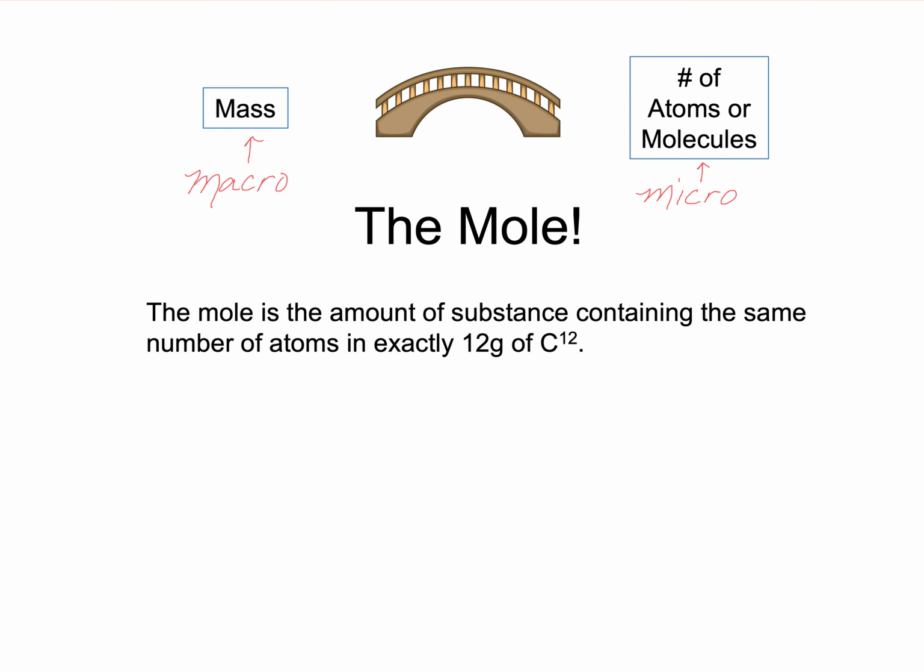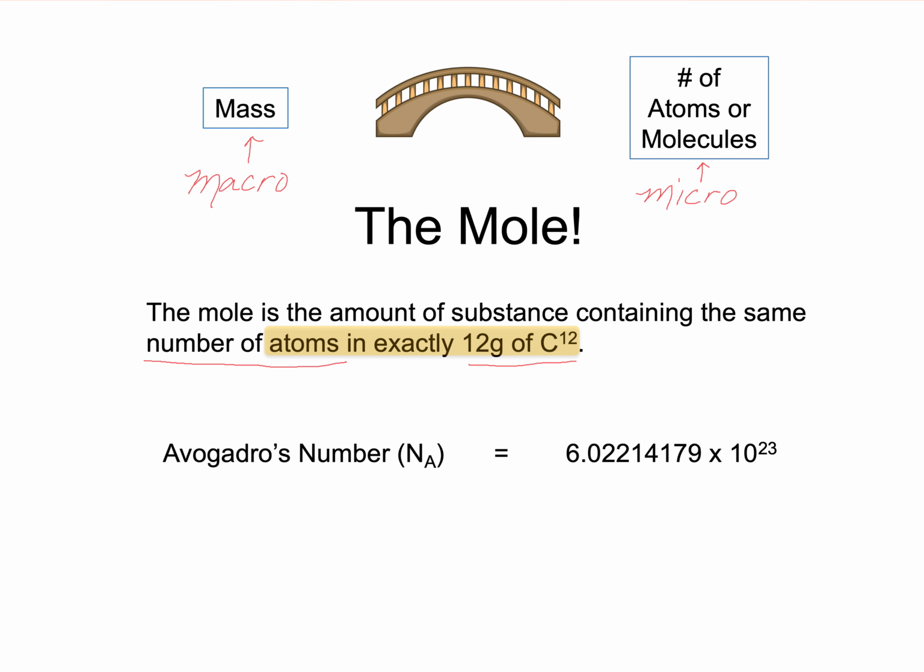It's defined as the amount of a substance containing the same number of atoms that's in exactly 12 grams of the isotope carbon-12. If I were to literally have 12 grams of carbon-12 and could count every single tiny atom in there by hand, that number would be counting all the way up to this really long number in scientific notation.